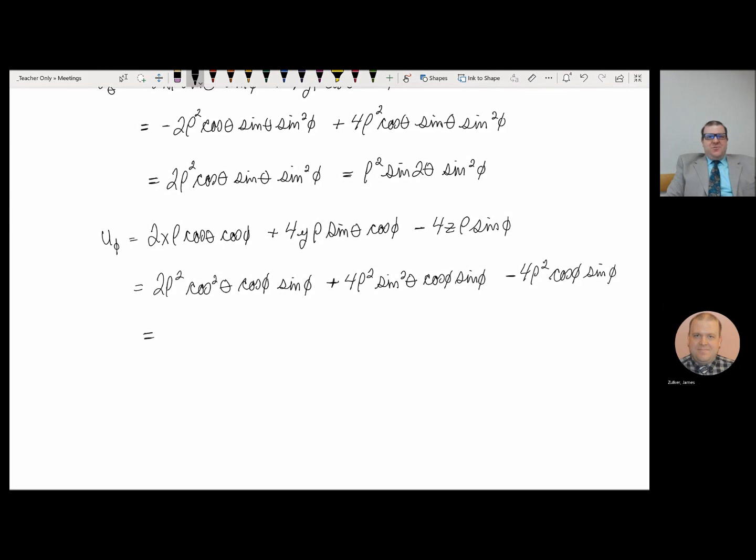It was a simplification we just did. Just to double it. All three, don't they have two cosine phi sine phi?